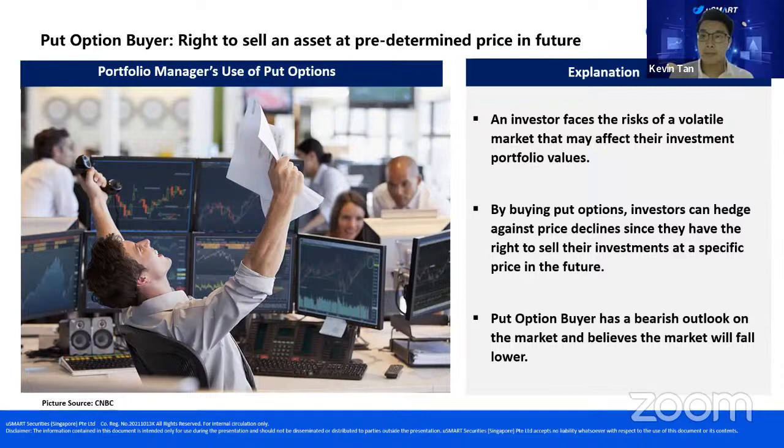So you would like to use options or derivatives to hedge against a price decline. It's effective because you now have the right to sell investments at a specific date in the future. Generally, put option buyers have a bearish outlook and believe the market will fall lower.